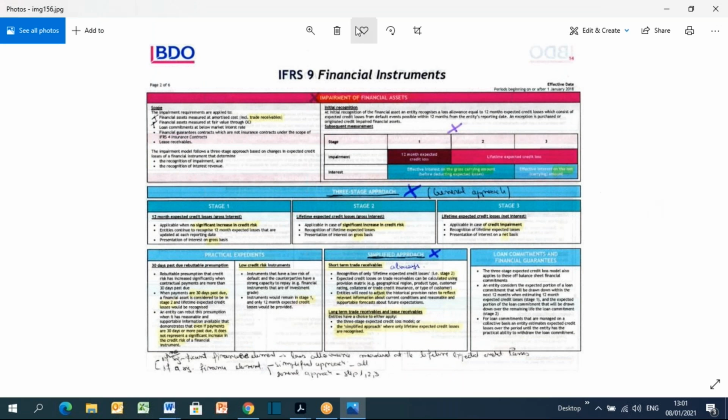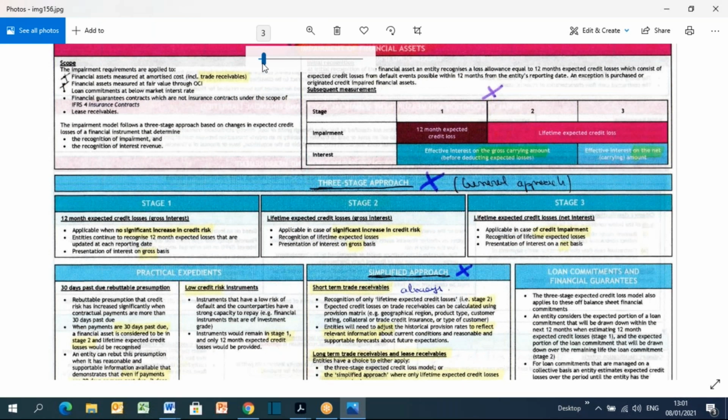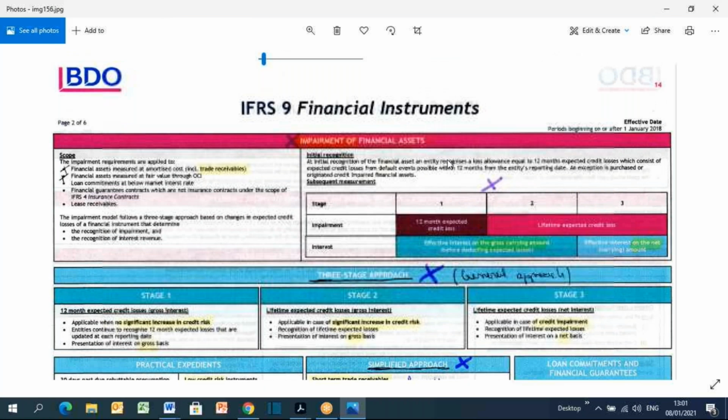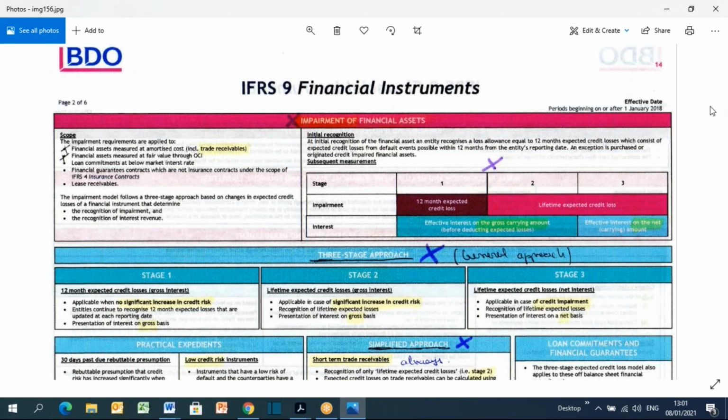If we move on, a very important bit in here, like I said, you have everything on this page, is the impairment of the financial asset. I swear to God, this is such a difficult topic, and it actually took me quite a few days to understand this. The types of questions that you can get in the impairment of the financial asset, and what kind of method you should use.